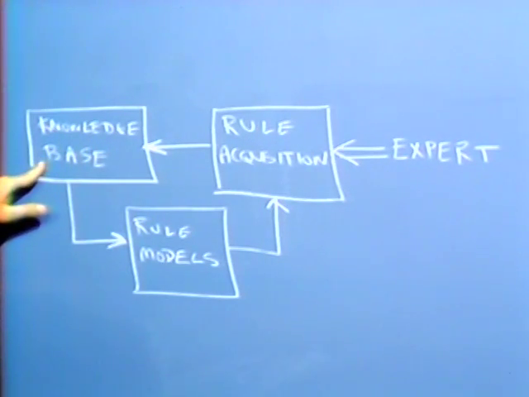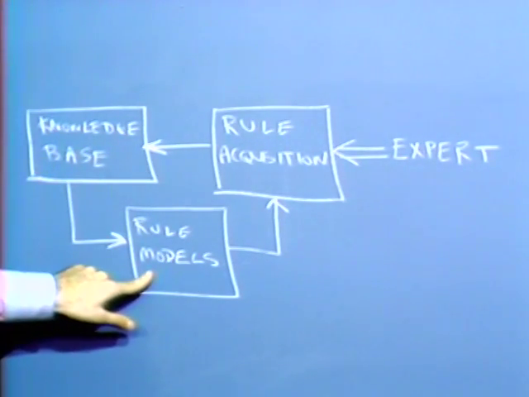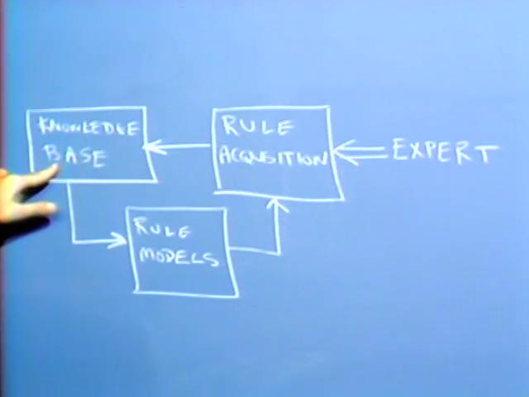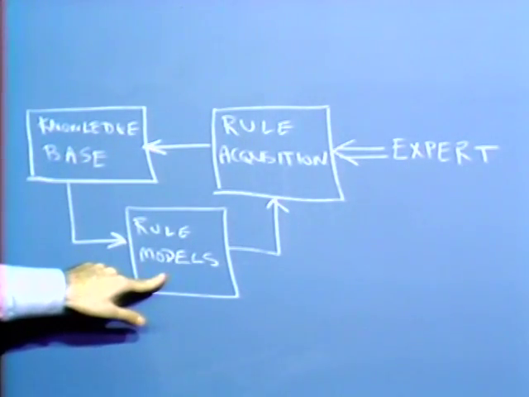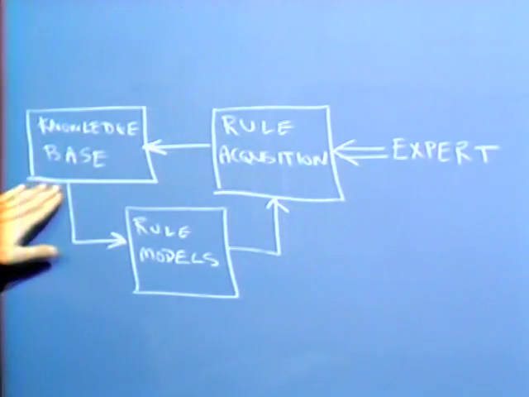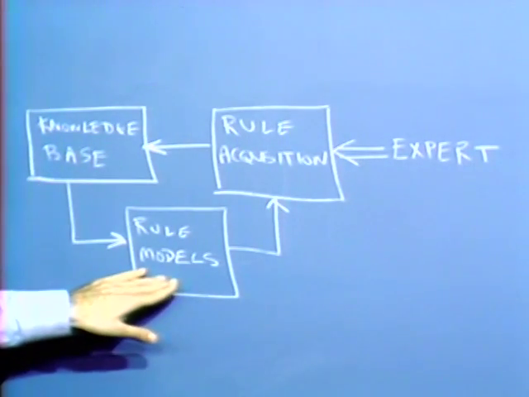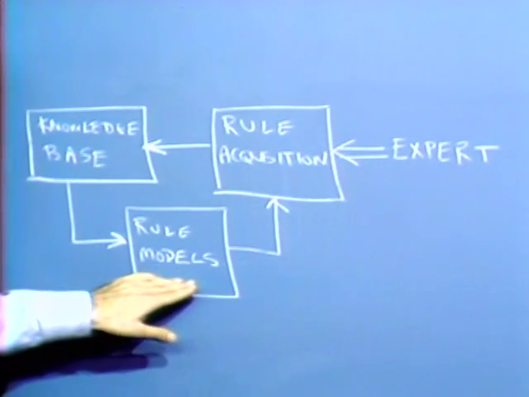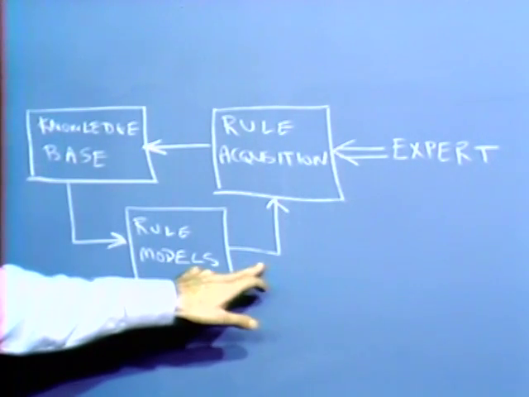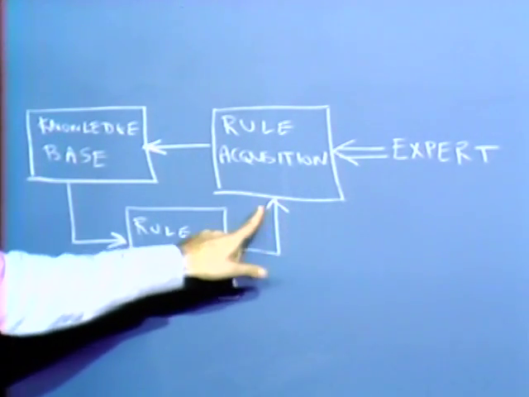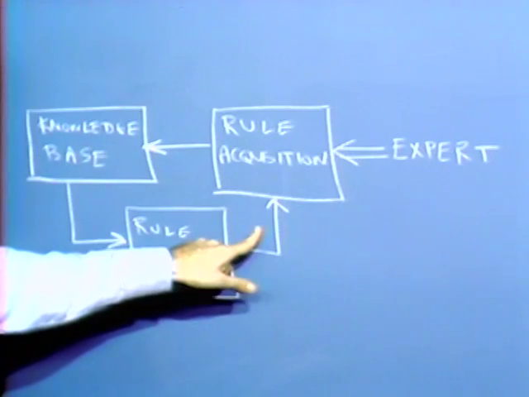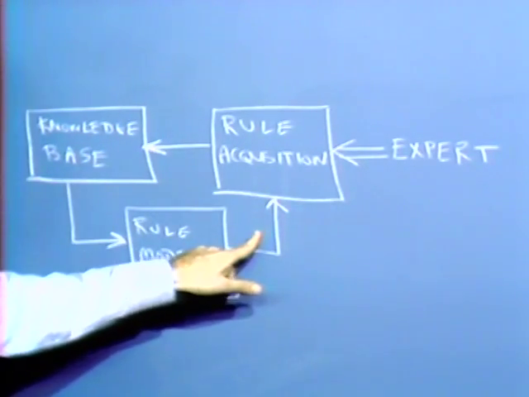Well, the larger my subset, the more likely my empirical generalizations are to be valid. The larger the number of data points I have to generalize on, the more likely it is that my generalizations will be good. So each time I make a change to the knowledge base, I go ahead and update the rule models. Having updated them, it's very likely that my performance on knowledge acquisition, on rule acquisition, the next time around will actually get better.